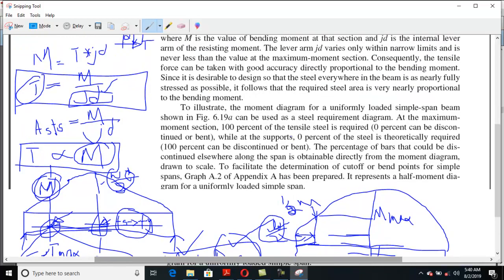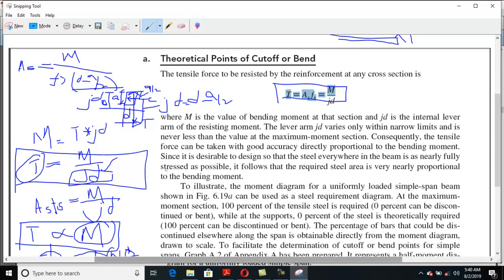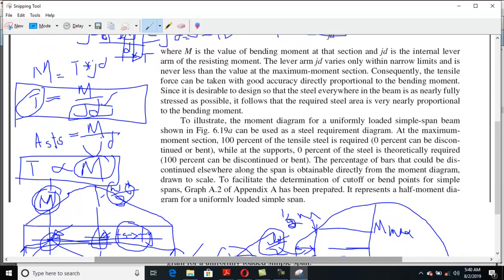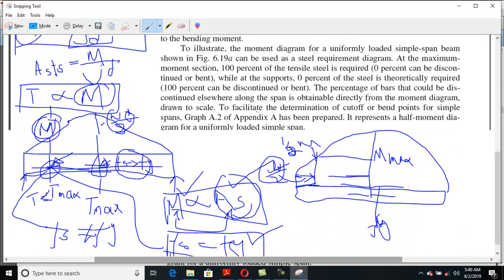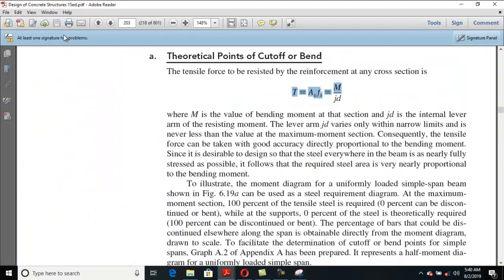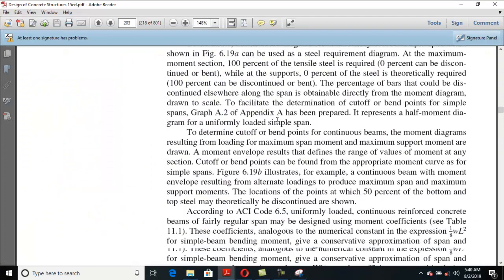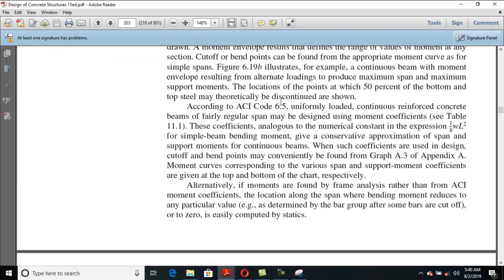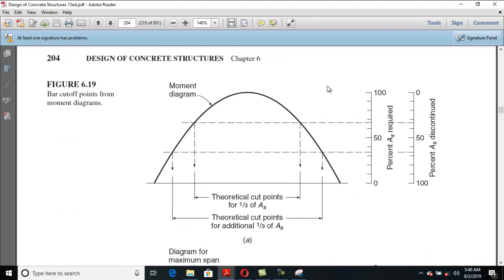So basically the same theory is discussed by Nilson here, and one of the most important things he says is this: for a simply supported beam, this is the moment diagram, clear?